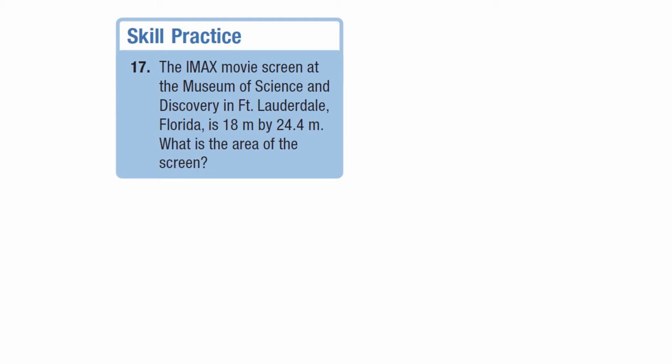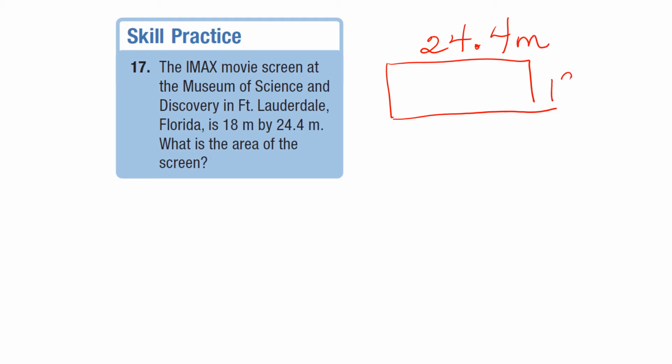The IMAX movie screen at the Museum of Science and Discovery in Fort Lauderdale is 18 meters by 24.4 meters. What is the area? And so we know the formula for the area of a rectangle is we multiply the length times the width.